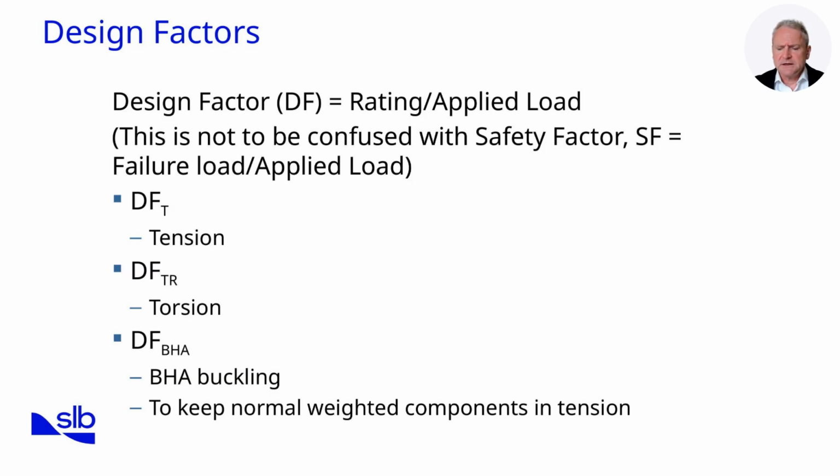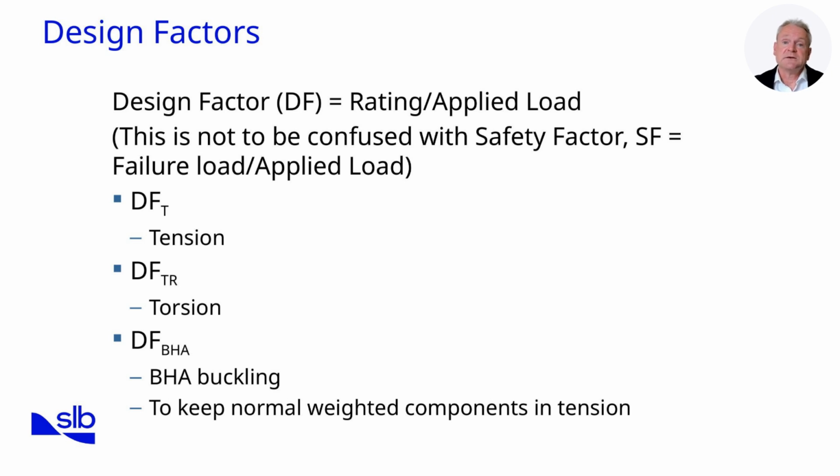For torsion, design factors are often more conservative, particularly in high torque wells, where a factor of 1.5 or greater may be applied. These factors account for uncertainties such as load fluctuations, measurement inaccuracies, and material variability. Fatigue design factors are more complex, as they must consider the cumulative effect of stress cycles, environmental conditions, and inspection history.